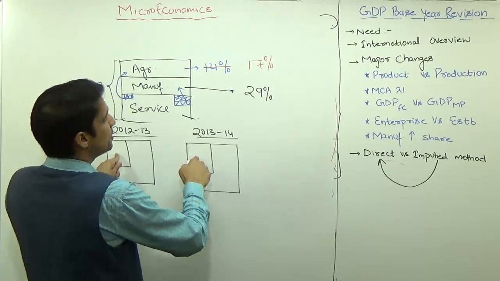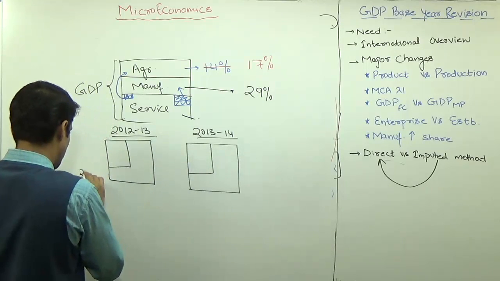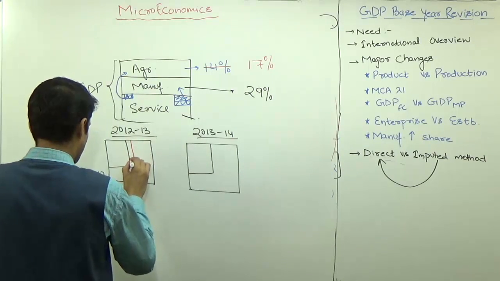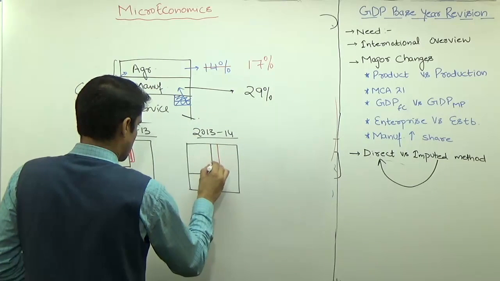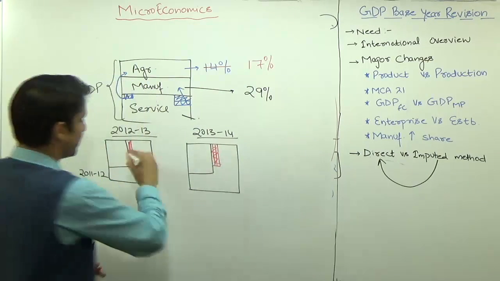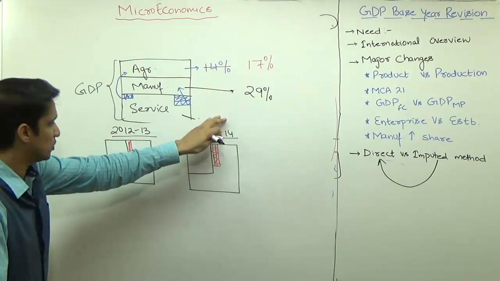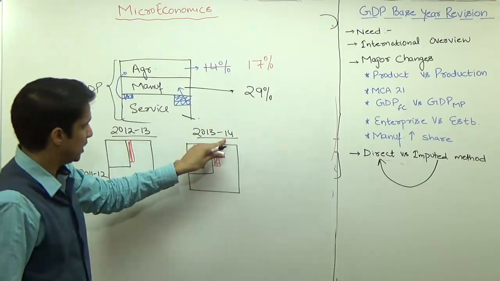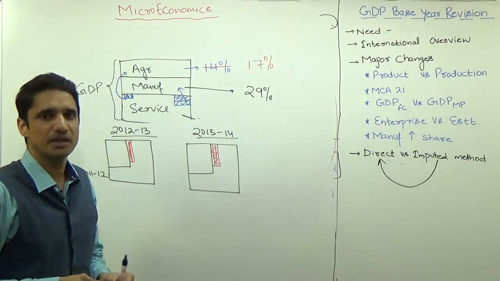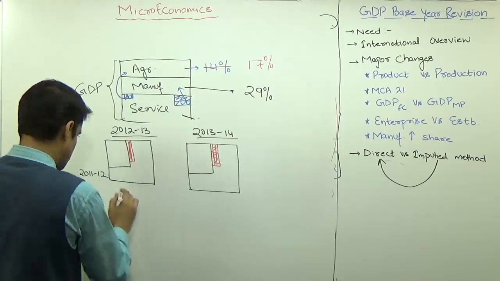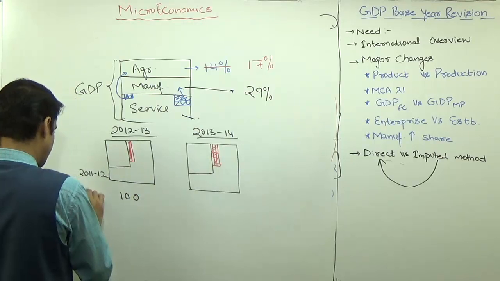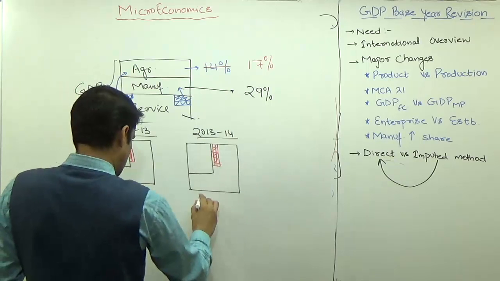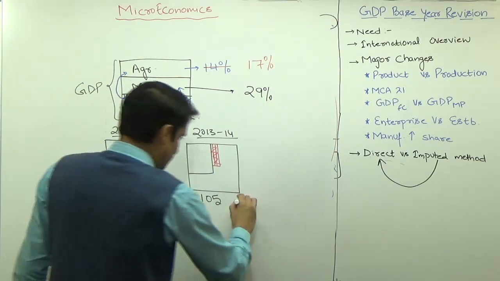After changing the base year to 2011-12, suppose you have added these new items, but the same set of items you are adding in 2012-13 and 2013-14. Same LCD, same LED, same smartphone you have added here and here. So suppose earlier your GDP was 100 rupees, this is the old method, and in 2013-14 your GDP was 105, so GDP growth was 5%.